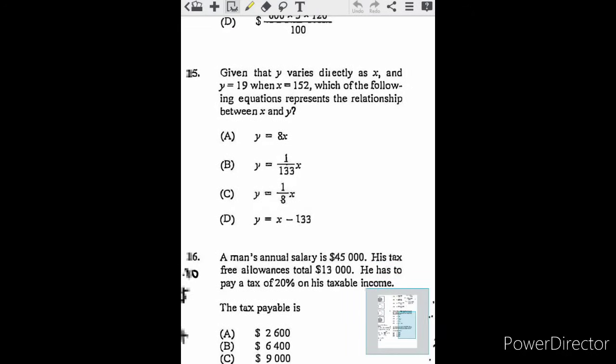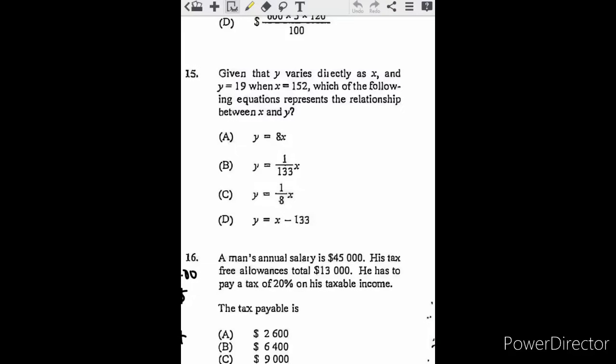Given that y varies directly as x and y is equal to 19 when x is equal to 152, which of the following equations represents the relationship between x and y? Varies directly means when y goes up, x goes up, or when y goes down, x goes down. It does the same thing.